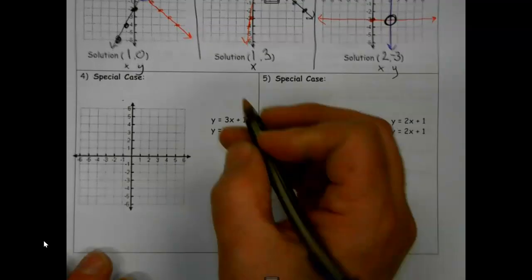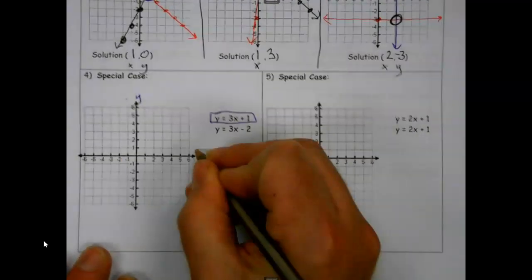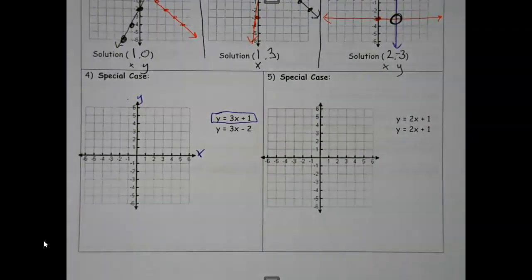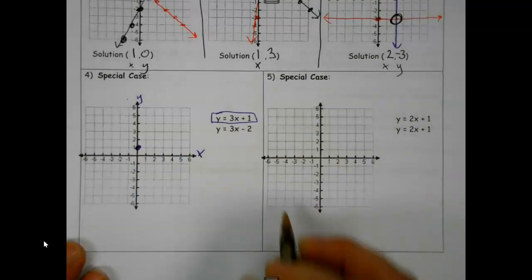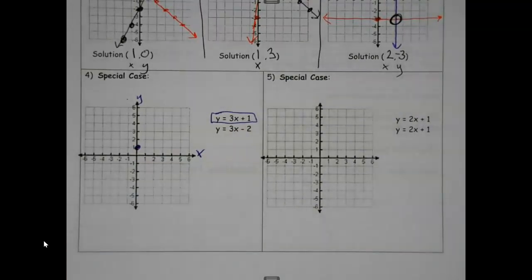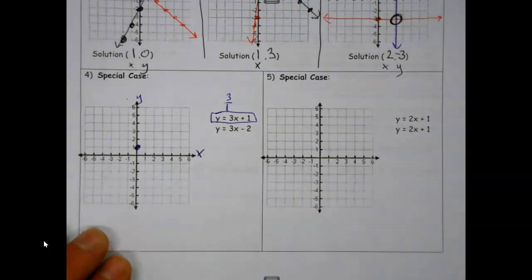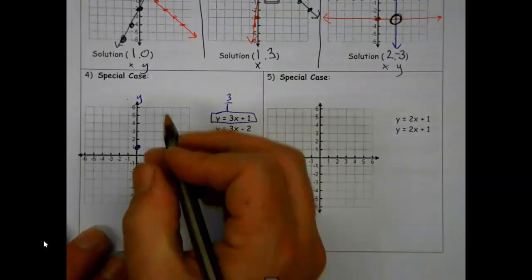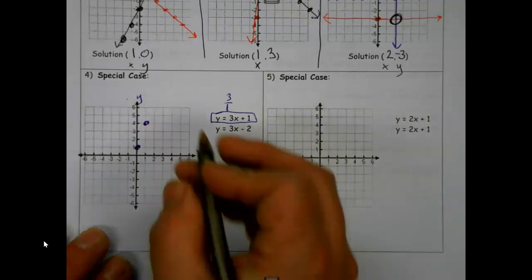So here's an example of a little weird. Let's say I'm graphing this one. Okay, there's my y-intercept. Again, if you want to type it in the calculator and get points, it works. My slope is 3 over 1, so I'm going up 3 and right 1.